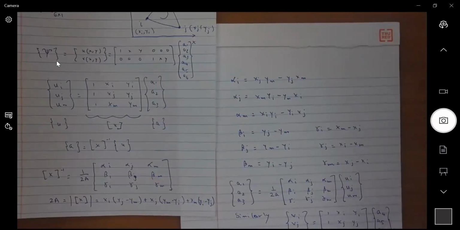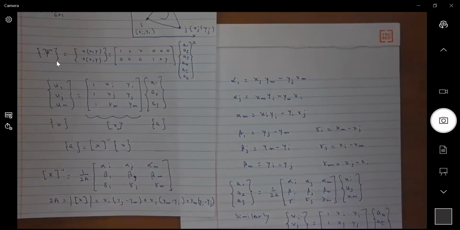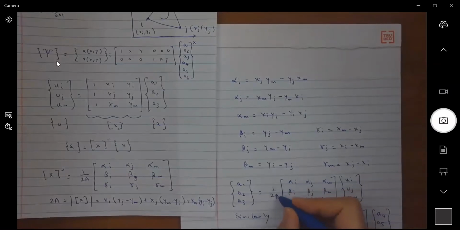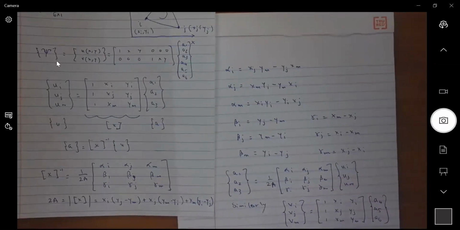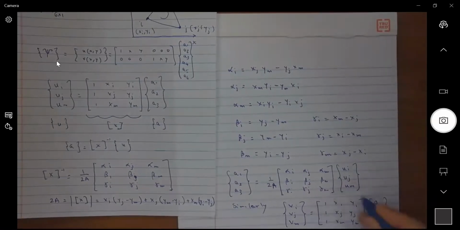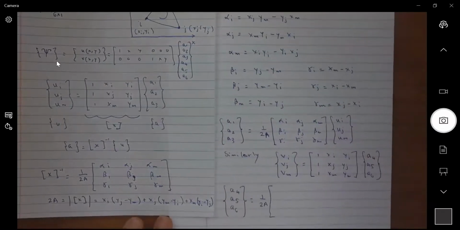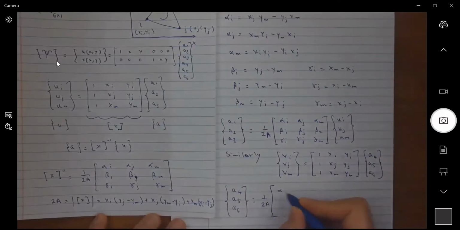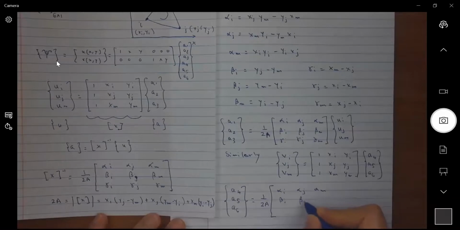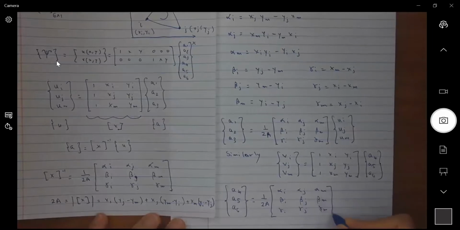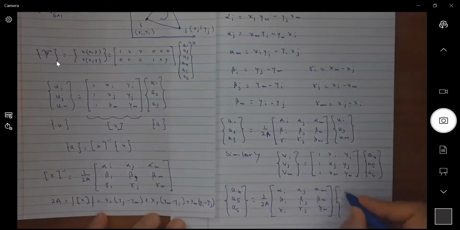And we can solve for A4, A5, and A6. This is uppercase A, I'm sorry. As equal to also 1 over 2A, so the inverse of the matrix A, multiplied by alpha I, alpha J, alpha M, beta I, beta J, beta M, gamma I, gamma J, and gamma M, multiplied by VI, VJ, and VM.